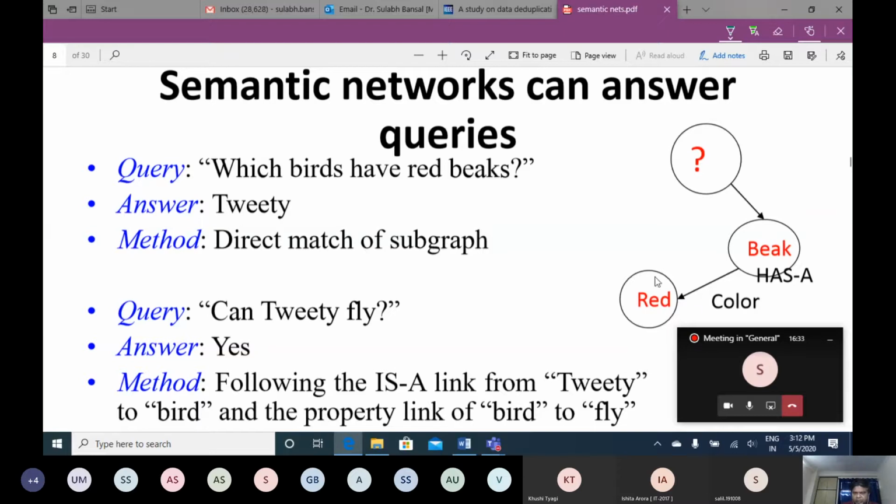If you reach this node red, and this red is a color of beak, and you find this relationship in your semantic network, then you can search the graph and reach the corresponding bird which possesses this relationship.